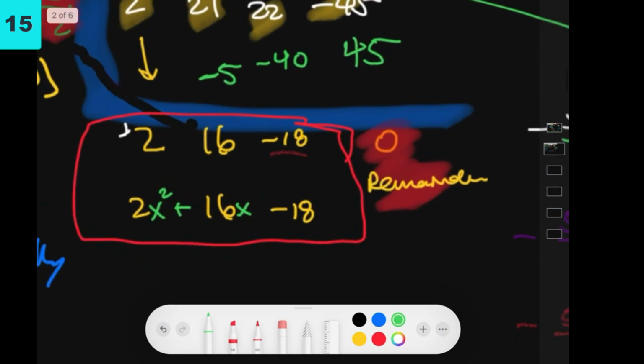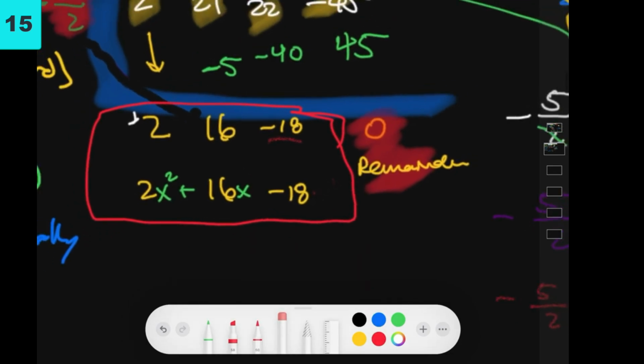Let me just write this for you, because you'll see x to the first, and that's x to the 0. But do you guys see that red that I just wrote? You don't normally write that. You just leave it out. Okay, so that is in red. This is our quotient.